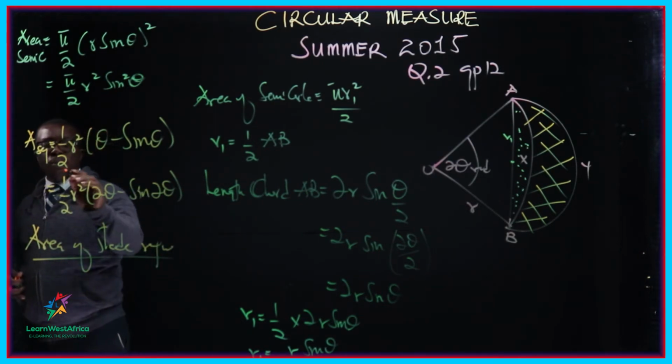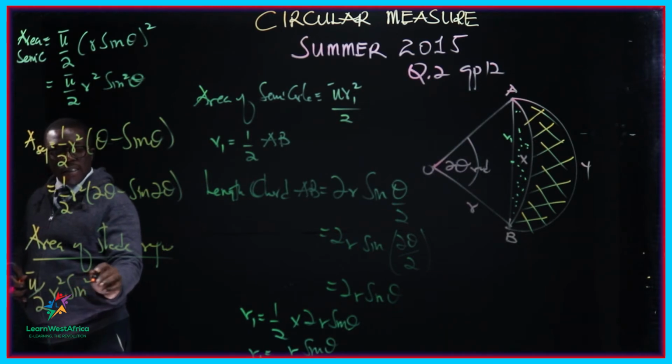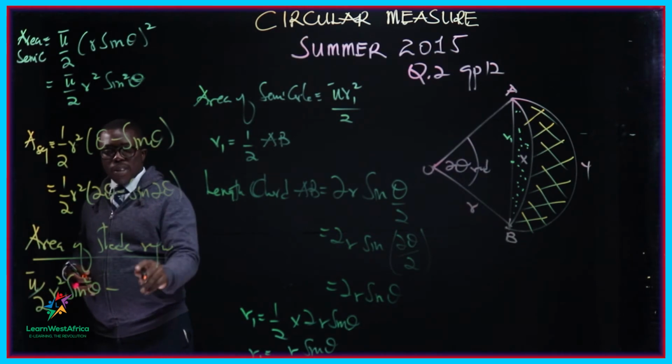It's going to be pi over 2 r squared sine squared theta minus, so we'll deal with this. Let's just try and push this one in here.